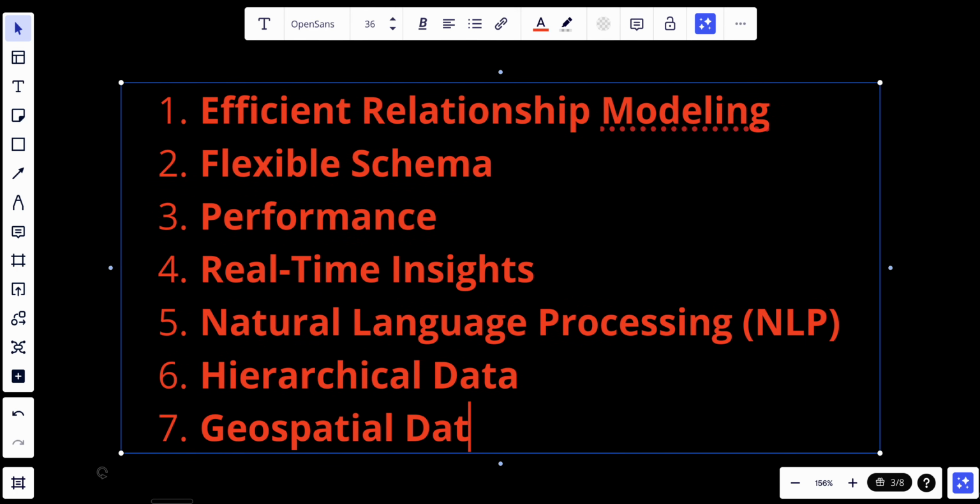Lastly, we have geospatial data. Graph databases can be efficient at handling geospatial data and queries, making them suitable for applications involving location-based services and mapping, geospatial analysis, etc.